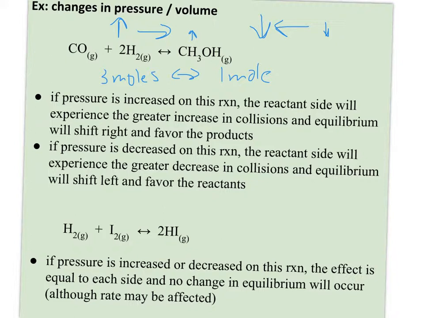In the second equation, because I have 2 moles of reactant and 2 moles of product, it doesn't matter that it's 2 separate substances. It's just the total number of molecules there. Remember, gaseous molecules take up the same amount of space. So in this case, pressure increasing or decreasing is going to affect both sides equally, and we're going to see no change in equilibrium.